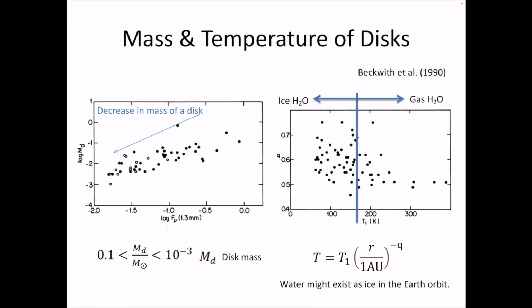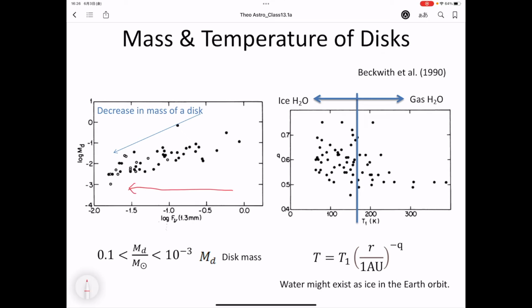Next, the mass and temperature of the disk. In the left figure, the vertical axis is the logarithmic value of the mass of a disk, and the horizontal axis shows the energy flux at the wavelength of the millimeter wave. So it's longer than IR. If the energy flux at millimeter waves becomes smaller, the mass of the disk is also decreasing.